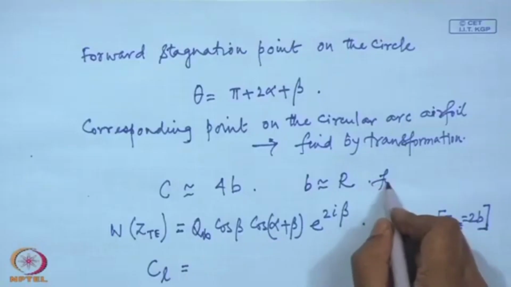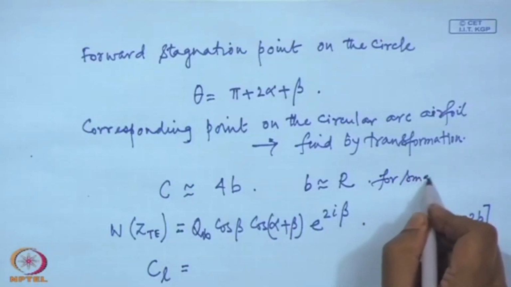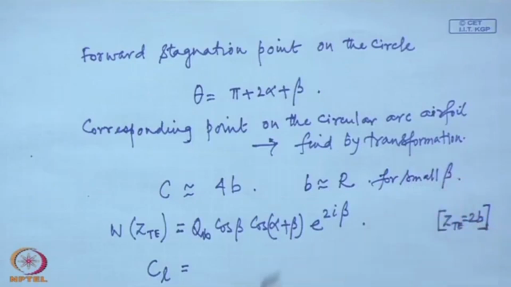Sorry, not sin beta, cos beta. So, that r by c is 1 by 4. So, 8 pi r by c gives 2 pi.